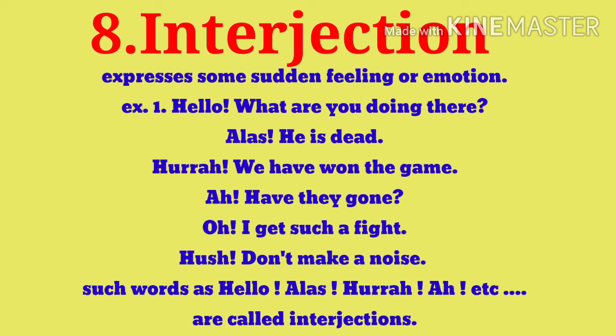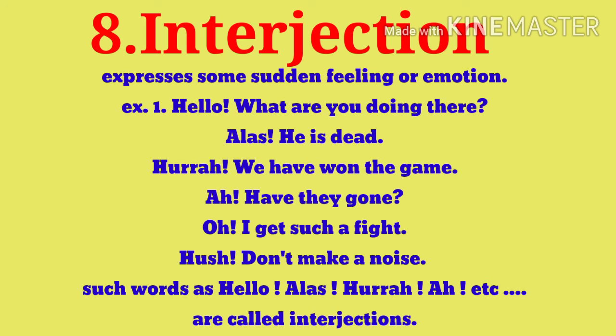Example, hello, what are you doing there? Alas, he is dead. Hooray, we have won the game. Have they gone? Ho! I got such a fright. Whoosh! Don't make a noise.